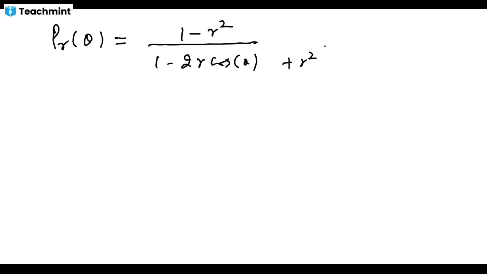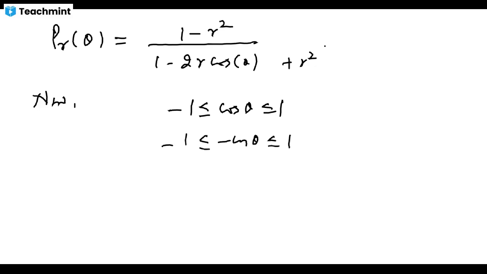Now we know that the cos function takes the maximum value 1 and minimum value minus 1. If I multiply throughout this inequality by minus 1, the inequality remains the same: minus 1 is less than or equal to minus cos theta, which is less than or equal to 1.